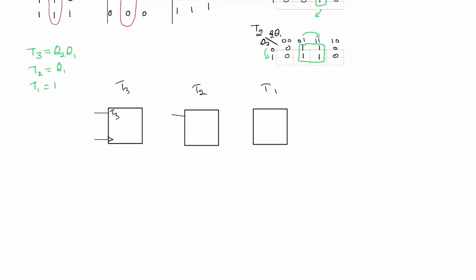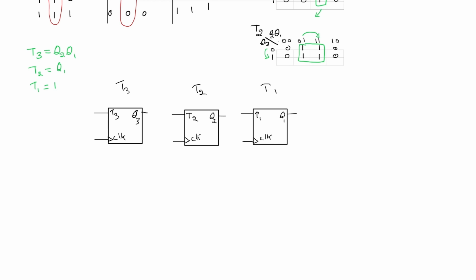Similarly, here we have input T2 and a clock, T1 and a clock, and then each one has an output Q. So this is Q3, this is Q2, and this is Q1. Those are all the clocks.